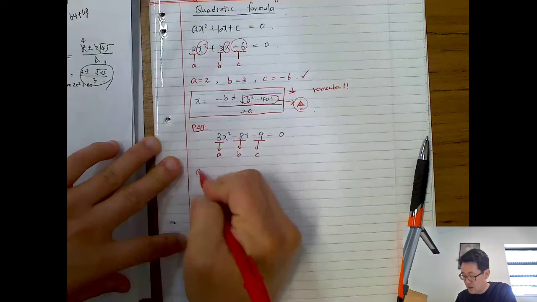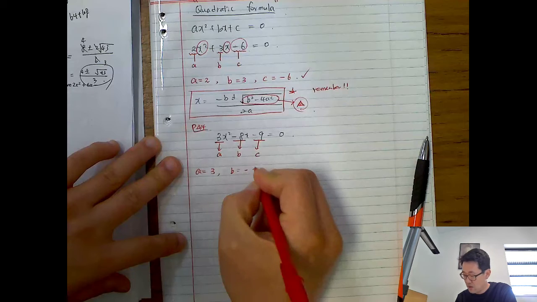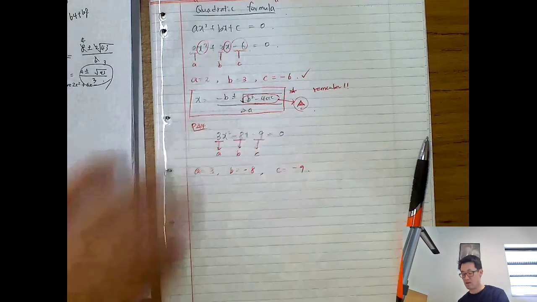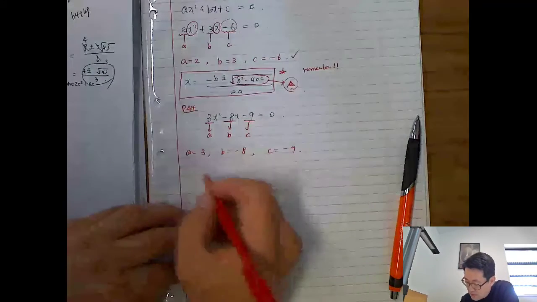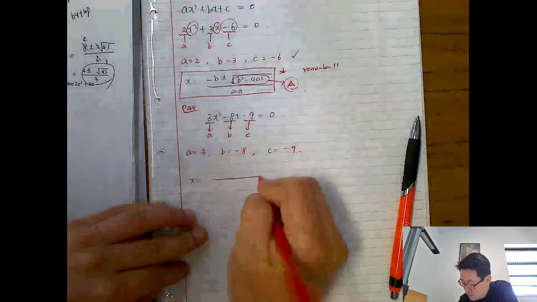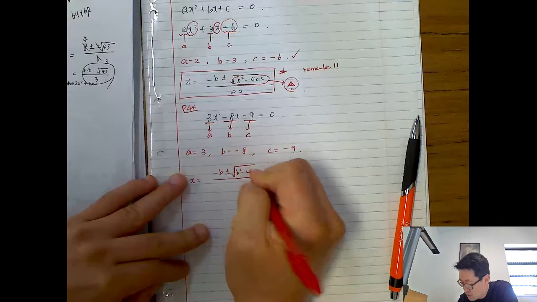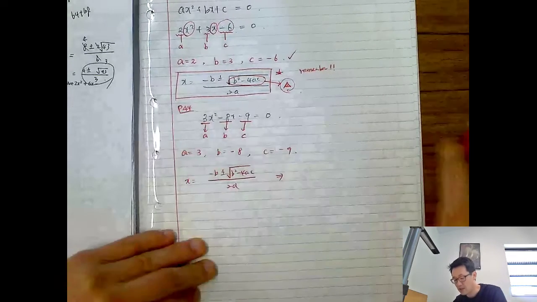In this case, a equals 3, right? b equals minus 8, c equals minus 9. Hopefully that's easy. And then x equals, we put minus b plus minus square root b squared minus 4ac over 2a. Let's plug that in.